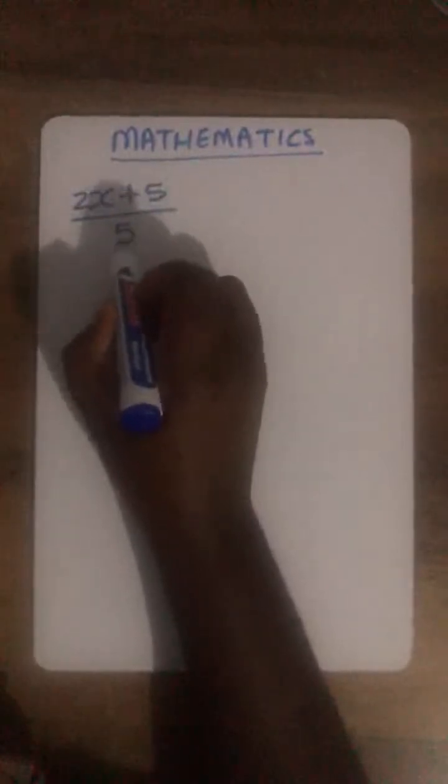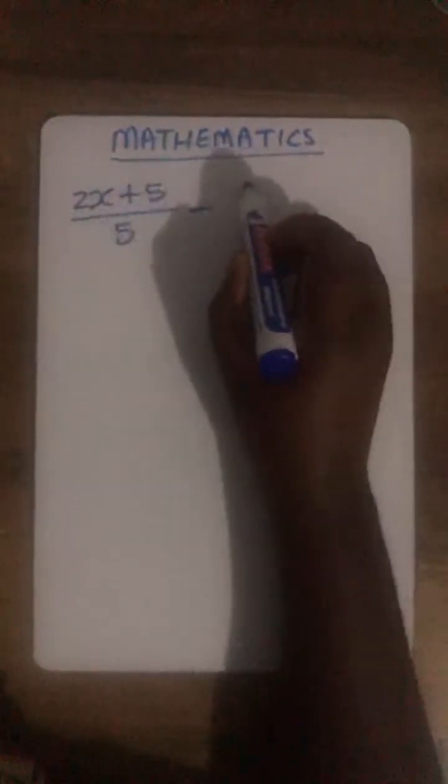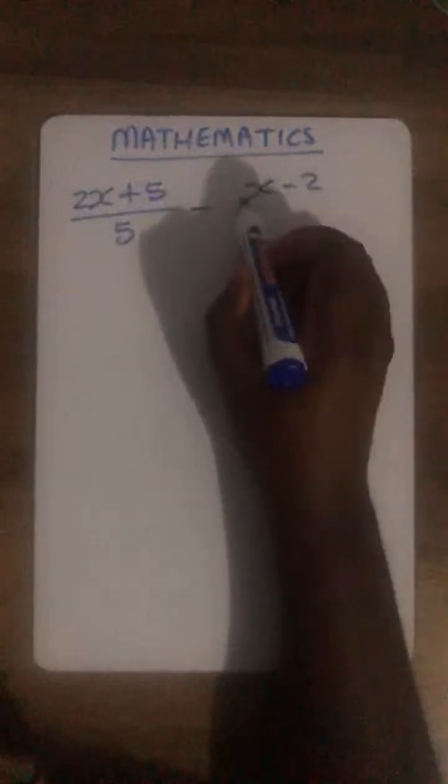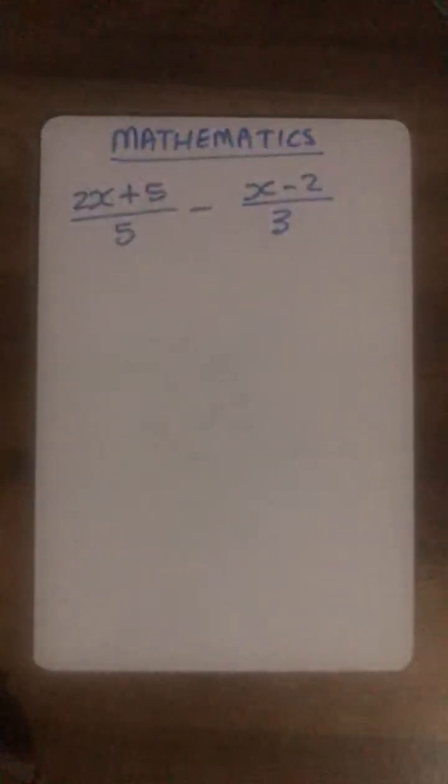I'm going to give you guys something very quickly, and then you will type the final answer for this one. Let's say 2x plus 5 over 5 minus, let us say, x minus 2, the whole of that divided by that. Yes. Let's work out that one.